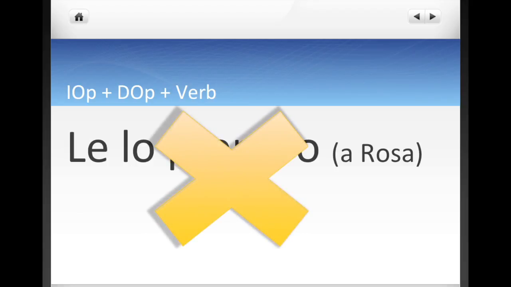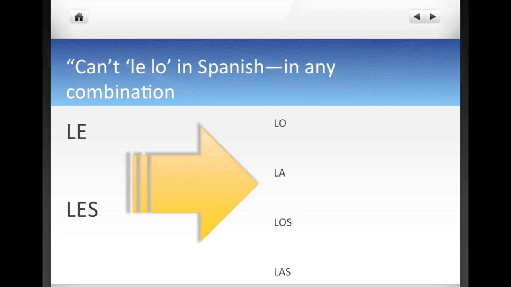And this cannot happen. You can't have any combinations of le and les with lo, la, los, or las in Spanish.